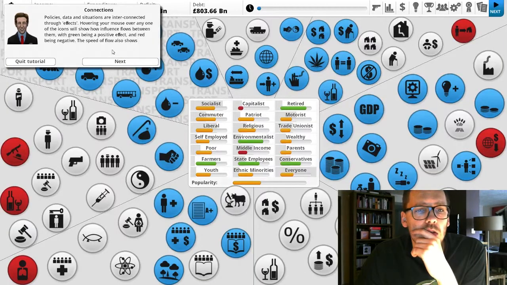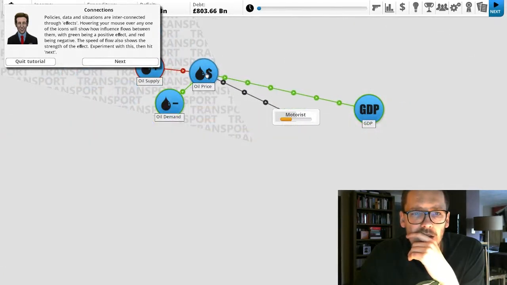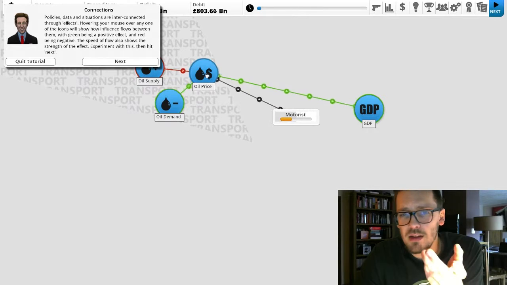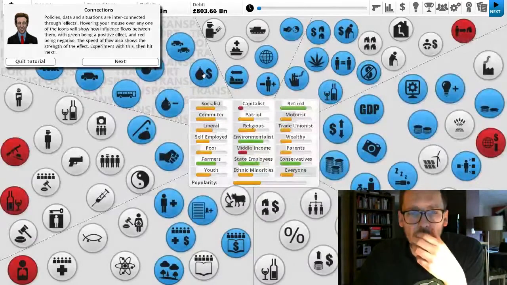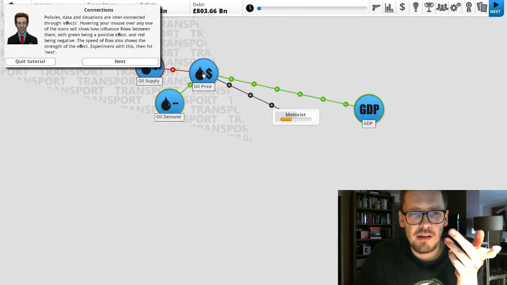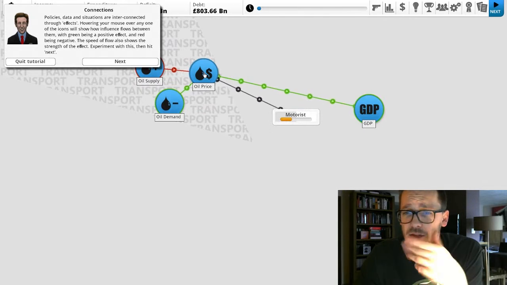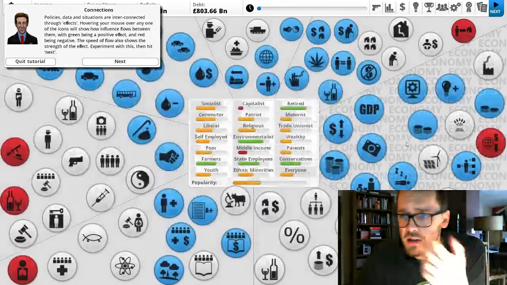And then they're interconnected by line effects. So the oil price depends on oil demand and oil supply, and it affects GDP and affects the motorist group. Okay, I can live with that.